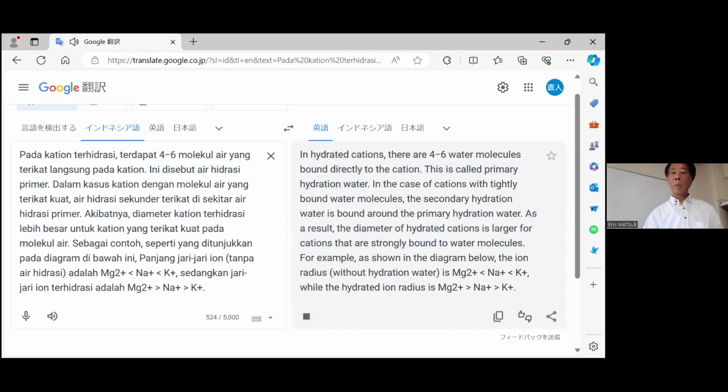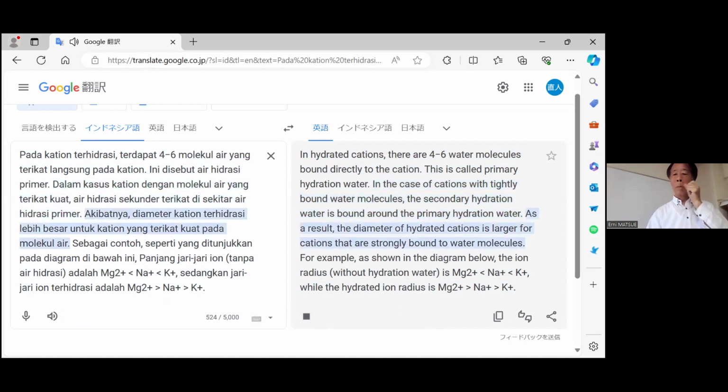In hydrated cations, there are 4-6 water molecules bound directly to the cation. This is called primary hydration water. In the case of cations with tightly bound water molecules, the secondary hydration water is bound around the primary hydration water.